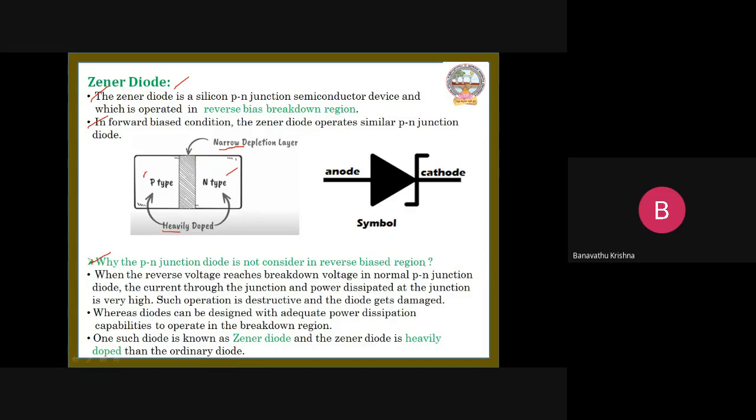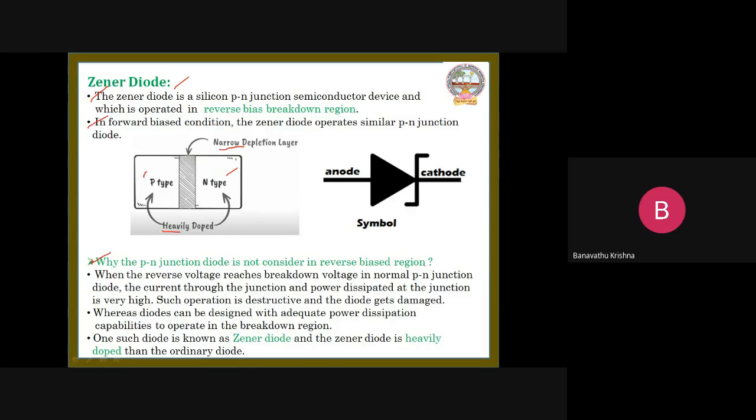So the process here is that the increasing minority charge carriers cause a collision process. As I told you in the previous class, that is the collision process of avalanche breakdown.